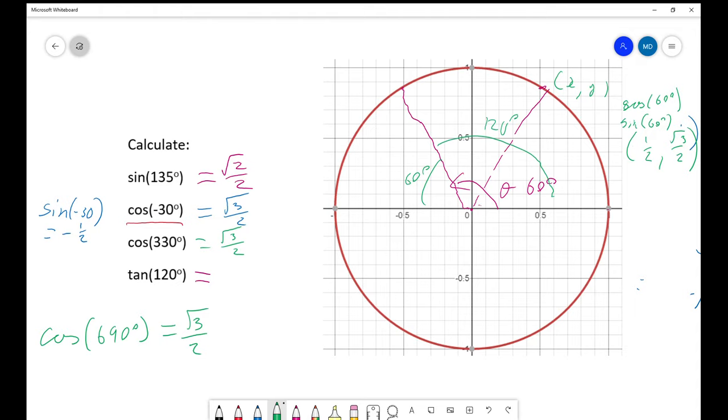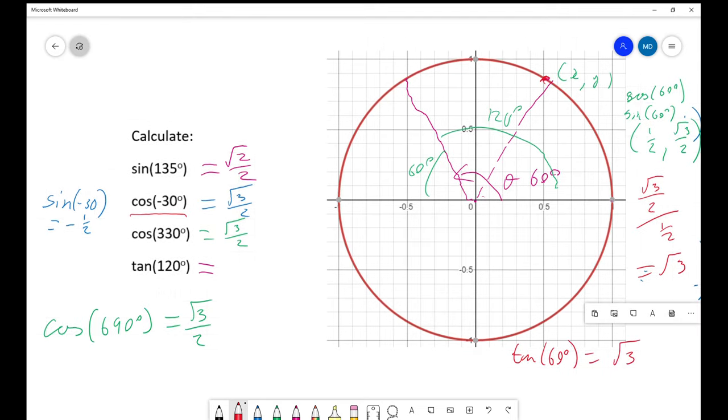And that tells us that this value up here is going to be sine over cosine, root 3 over 2 over 1/2, which we actually already know was root 3. So that's our tan of 60 degrees, which you do have written down, hopefully, is root 3.